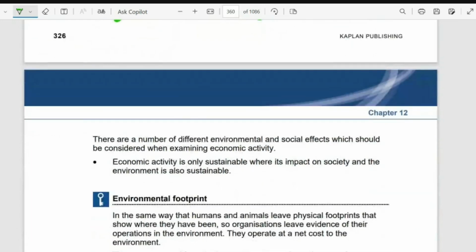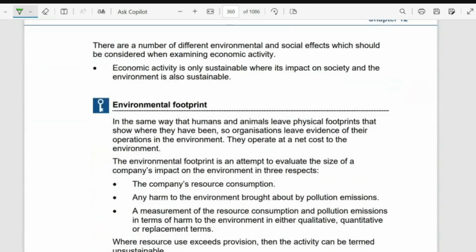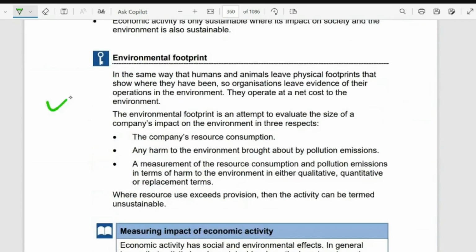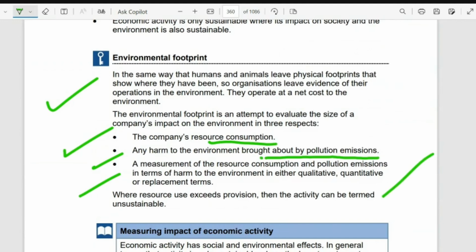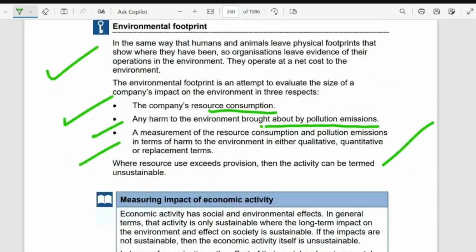So what are they doing now? The environmental footprint defines whether whatever companies are doing now is environmentally friendly, whether it creates any trouble for future resource consumption, or any harm through pollution emissions. So it is the measurement of resources: whether what they do now can create a problem in future.